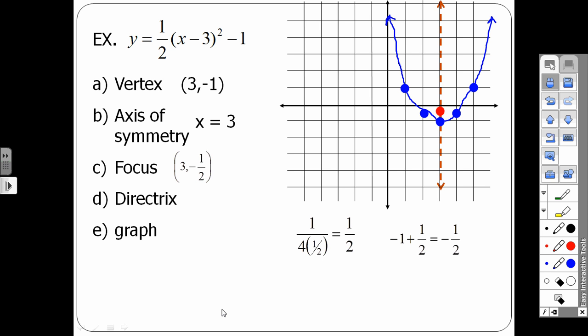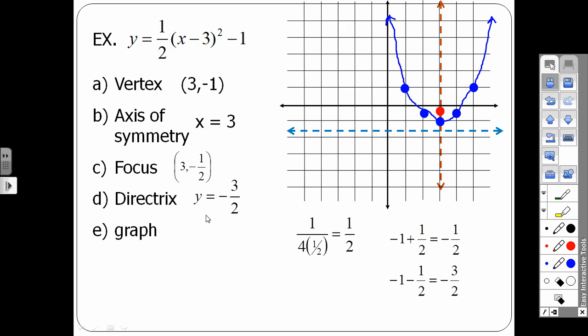Okay, cool. Next, let's do the directrix. So remember, we're still using this 1/2, it's just the distance going down now to get to my directrix. So I'm going to go -1 minus 1/2, which gives me -3/2. So there's my directrix.